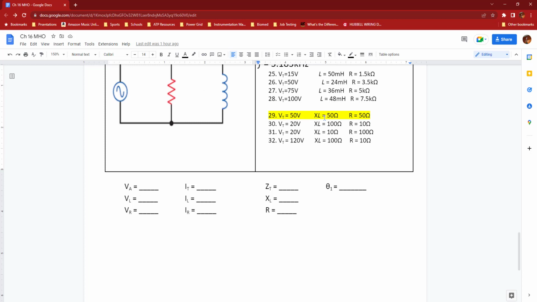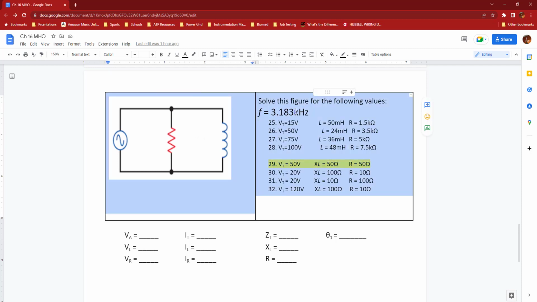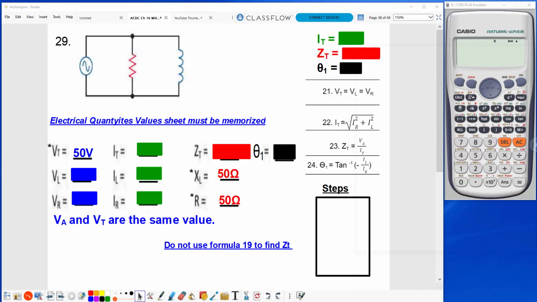XL stands for inductive reactance. I'm going to use this frequency here with problems 25 through 32, and we definitely do need to know the frequency in order to do our calculations. So as we look at the spreadsheet here, you see that I have filled in my known values of 50 volts, 50 ohms for inductive reactance, and 50 ohms of resistance.